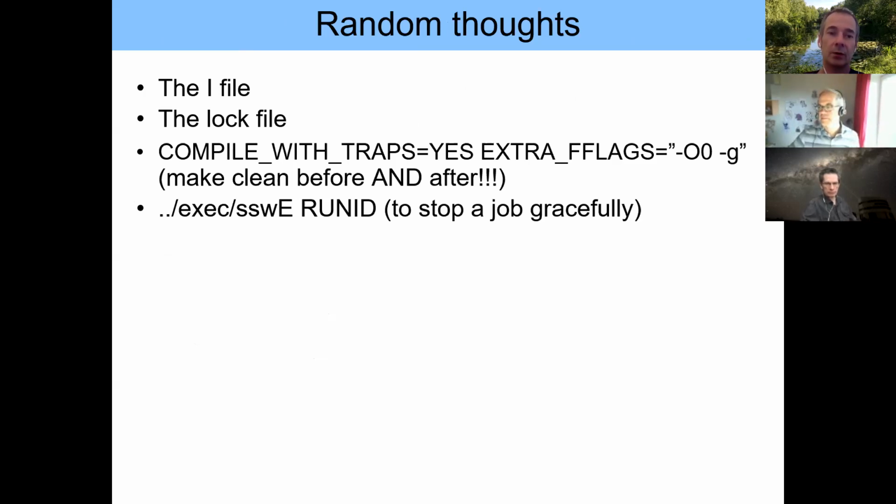There is a file that is called I, uppercase I, and that is inside your model output. This is a rewriting of the run deck, but stripped of things that don't matter at runtime, like which files have been compiled. That is irrelevant when you run it because you have your executable. Or the comments you have in the run deck.